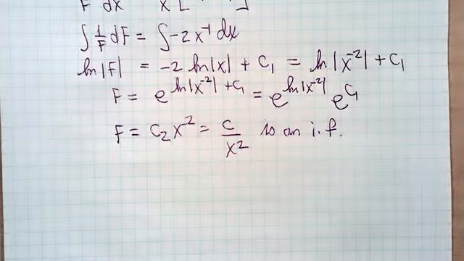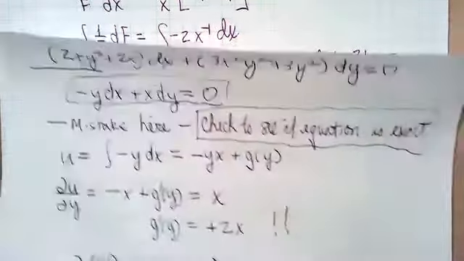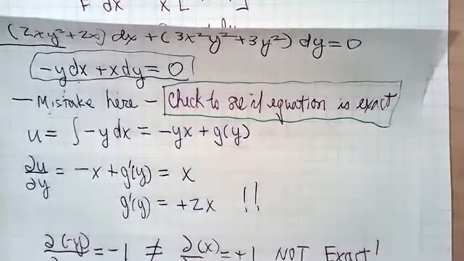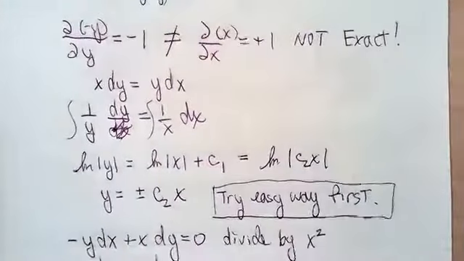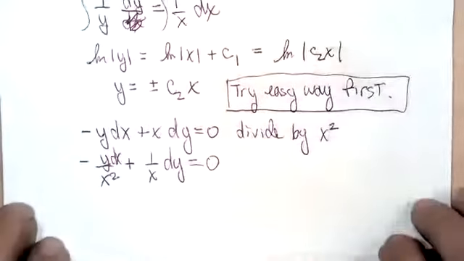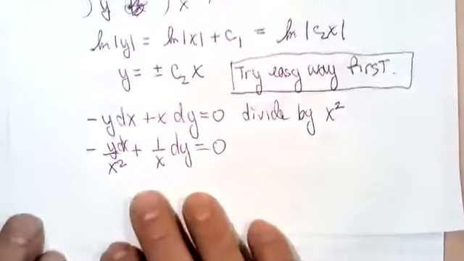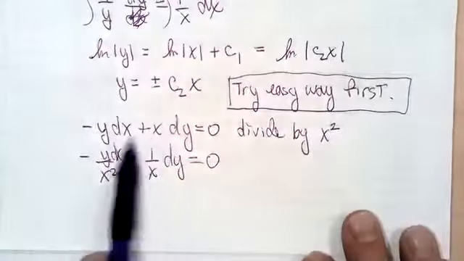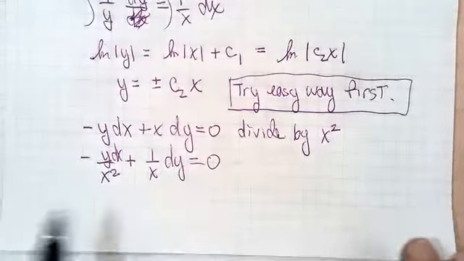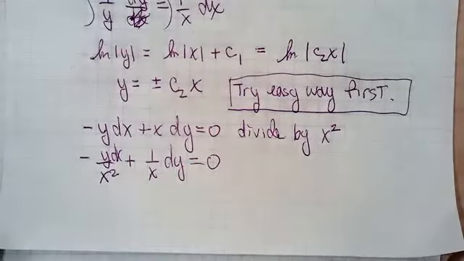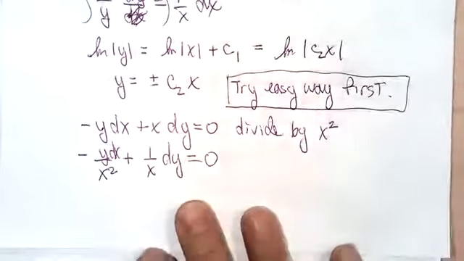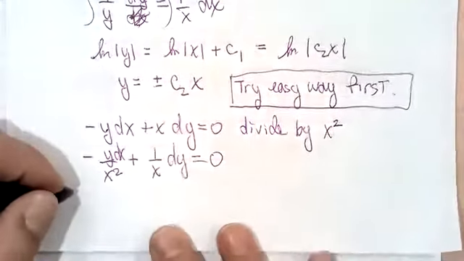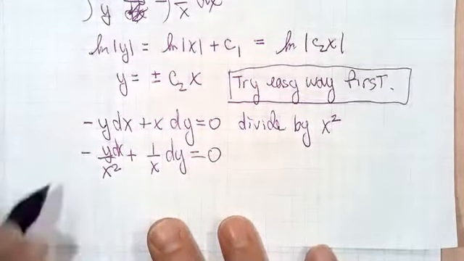Okay, so I took this original one and divided it through by x squared. Did I not solve it then? Looks like I didn't. Okay, so this is now exact.